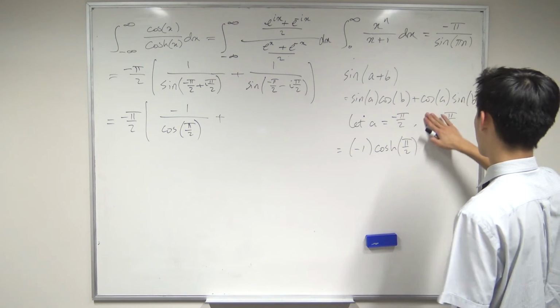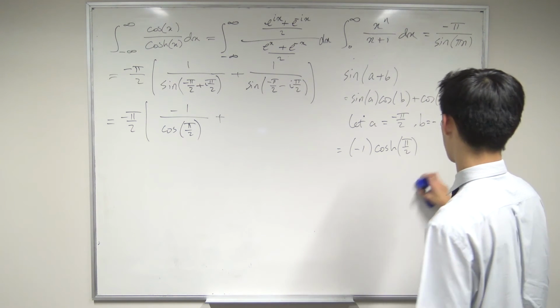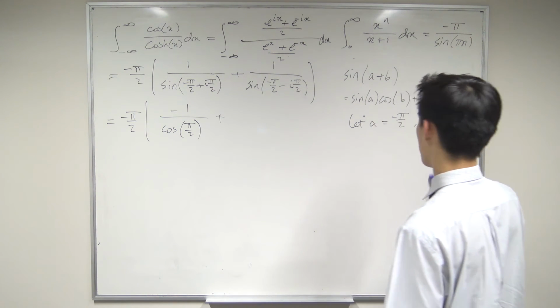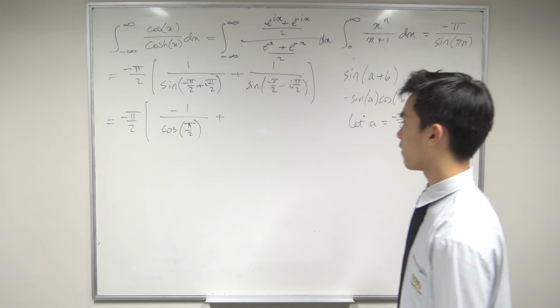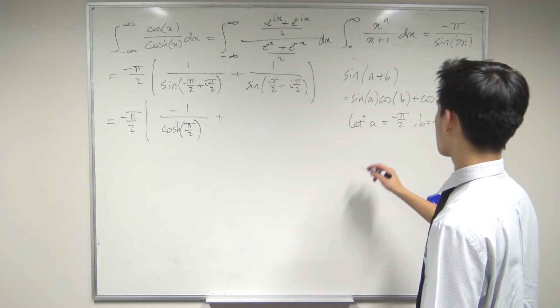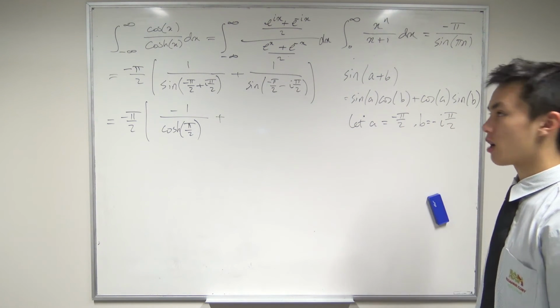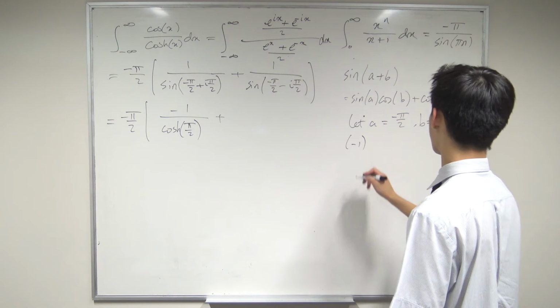So if we let b equal the negative version, so minus i times pi over 2, what are we going to get? We're going to end up with something familiar. This should be a cosh right here. So let's go through the working out again. Sine of a, that's sine of minus pi over 2, which is minus 1.